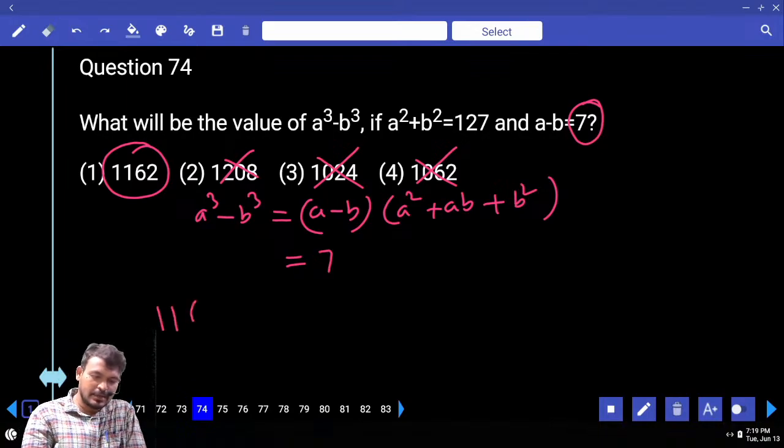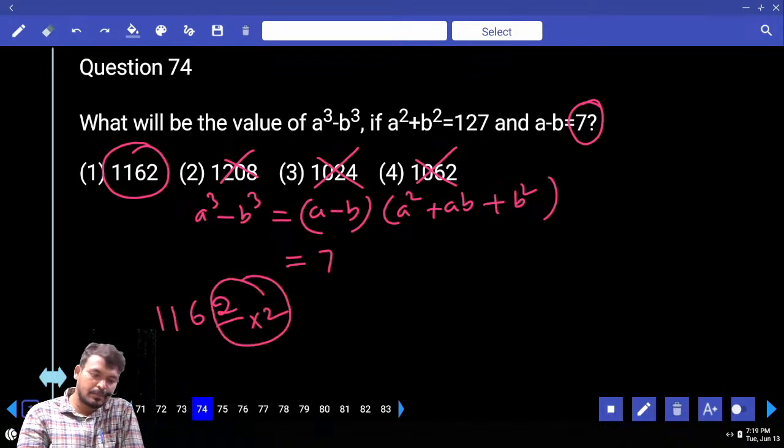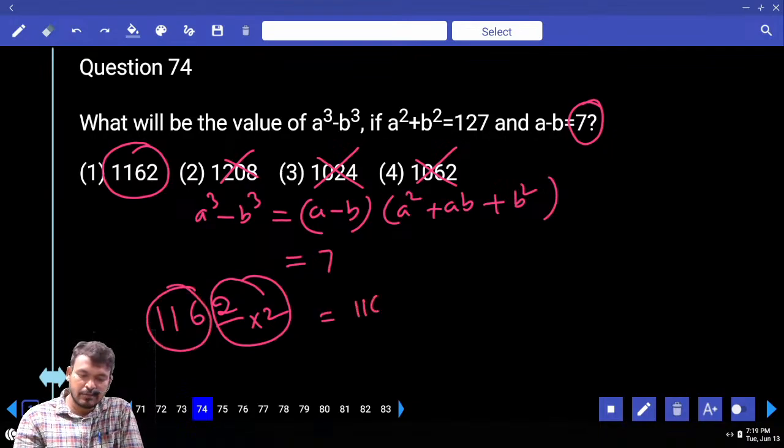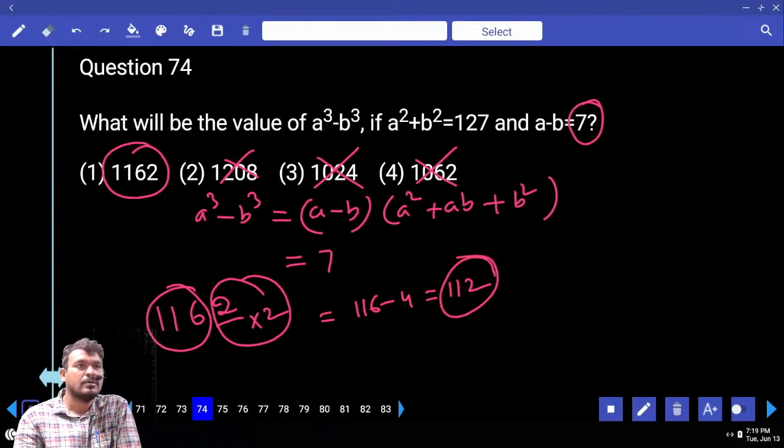Okay. What is the divisibility rule of 7? What is the last digit of 1162? 2. It is multiplied by 2. 2 2s are how much? 4. That 4 is subtracted from the remaining number. 116 minus 4, we get how much? 112. That 112 is exactly divisible by 7.